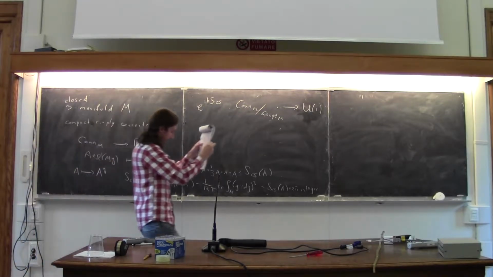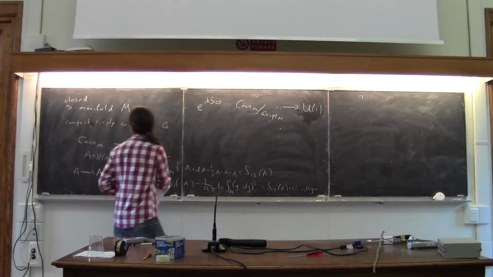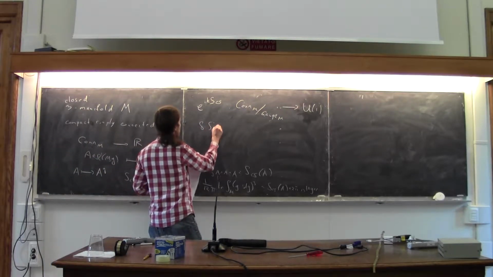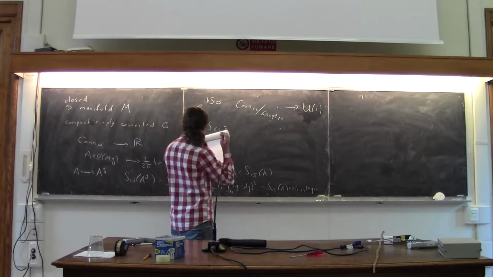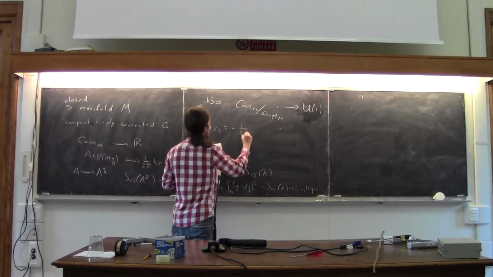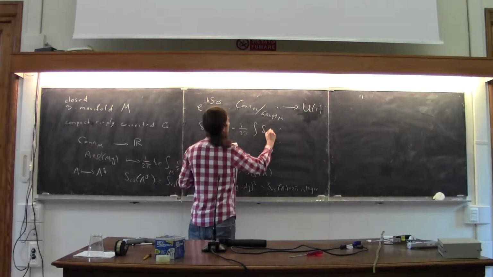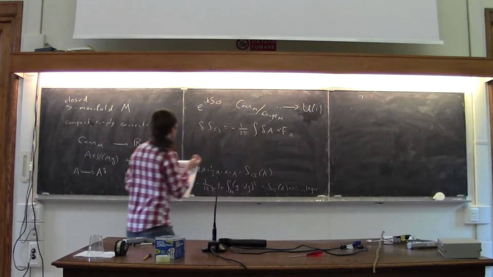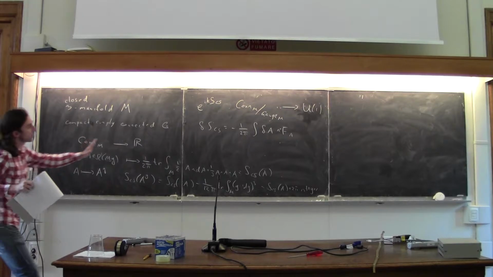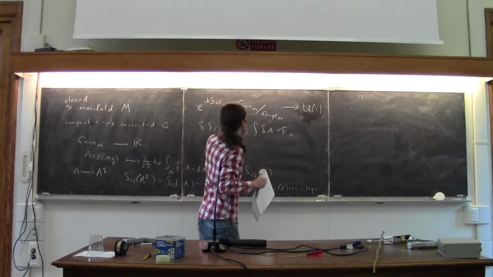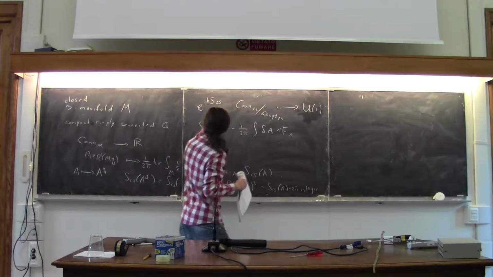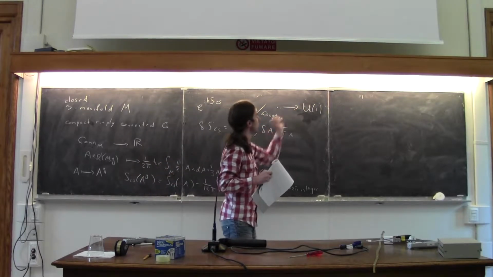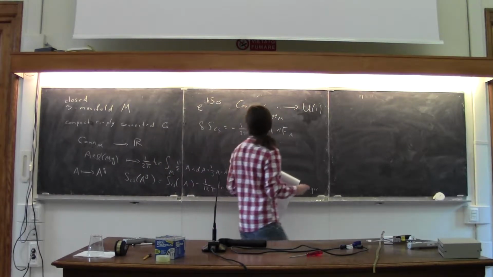So now, since we started with a closed three-manifold, the variation of the Chern-Simons action is proportional to the curvature. So if I restrict this to the flat connections, then the variation is 0, and what I get is a locally constant function with values in U(1).